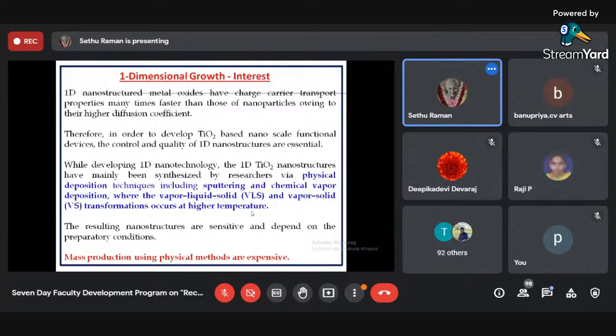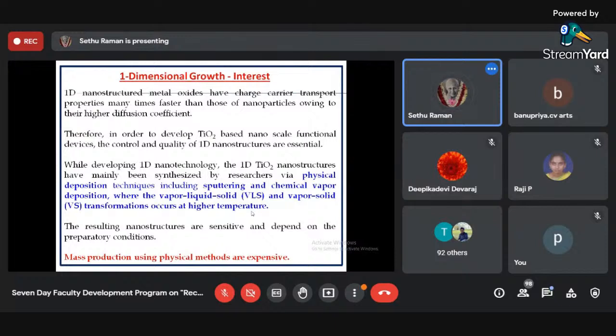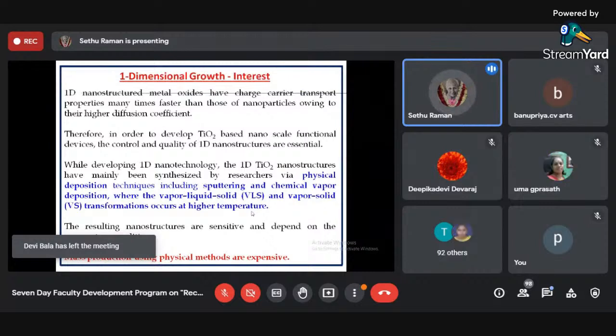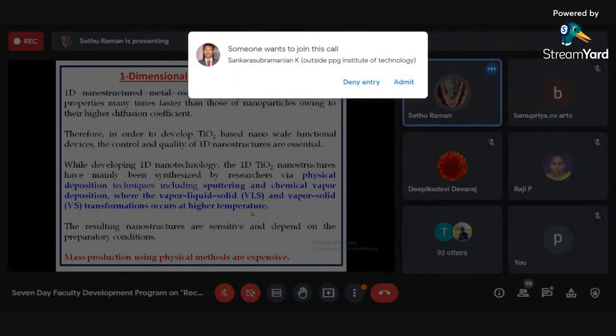Earlier, one-dimensional nanostructures were prepared using traditional techniques like physical vapor deposition, sputtering and chemical vapor deposition, where vapor-liquid-solid and vapor-solid transformations occur at high temperature, to get high quality one-dimensional nanostructures.